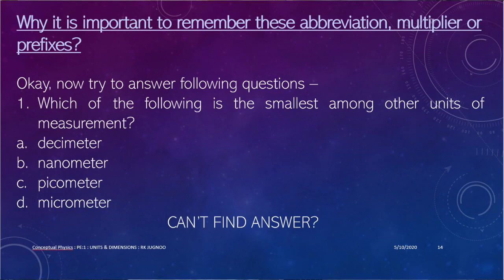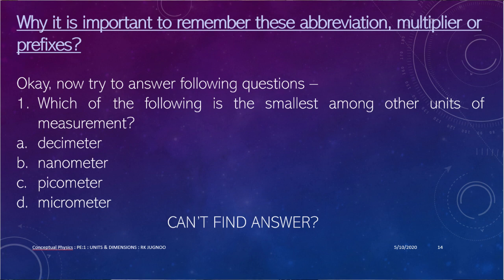Try to answer this question: which of the following is the smallest among these units of measurement? I will give you a few units, and you have to tell me which is the smallest. Number 1, decimeter. Number 2, nanometer. Number 3, picometer. And number 4, micrometer.